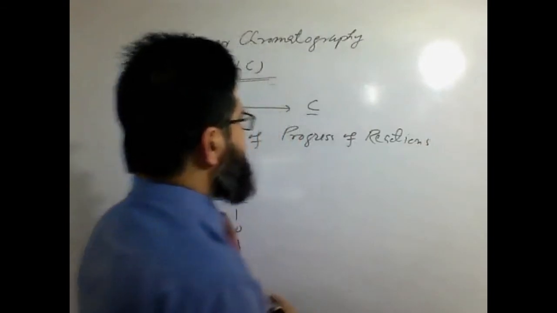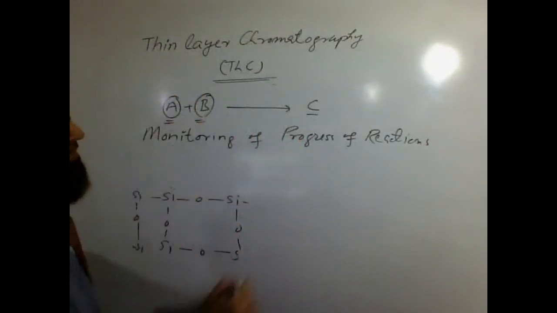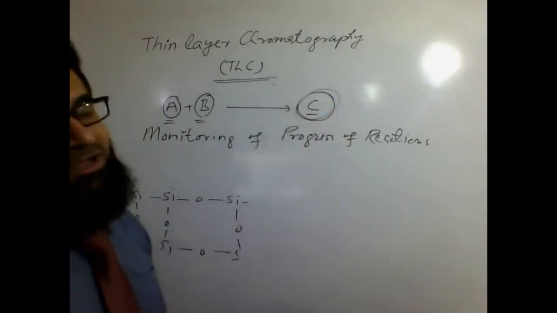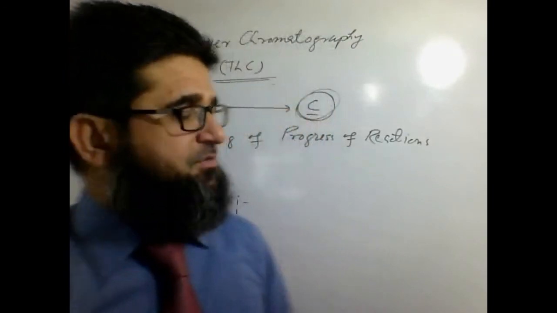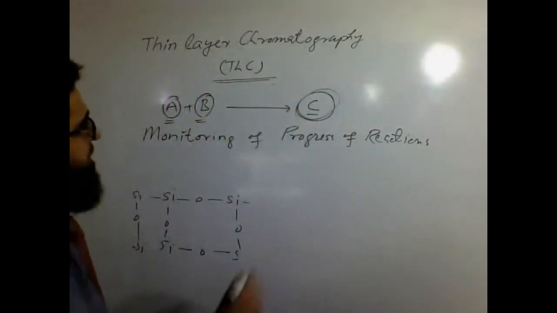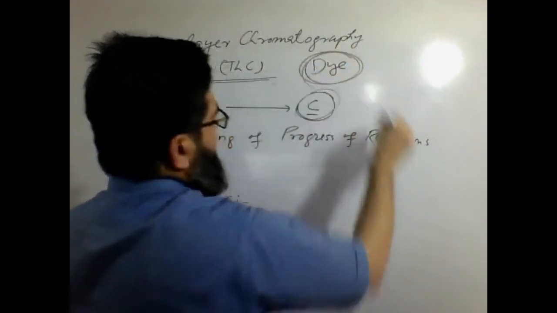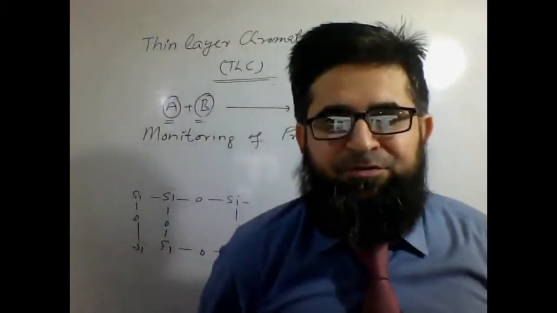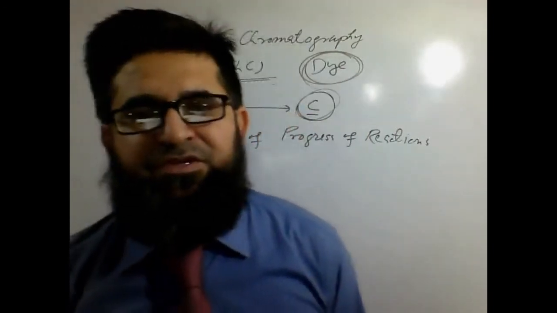Those reactions may simply be the reaction between two reactants for the production or synthesis of another molecule. More precisely, at the moment I'm dealing with dye synthesis as well, synthesis of dyes in the lab, especially the synthesis of azo dyes. It could also be assessed with TLC.